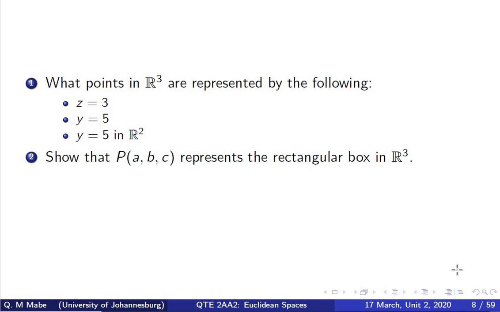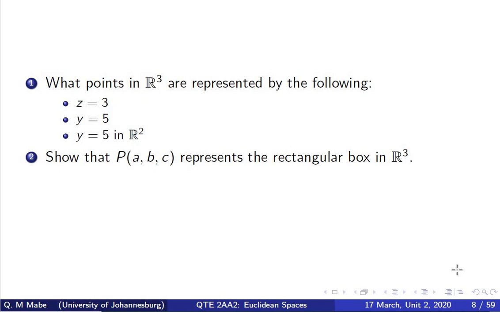So normally we have region representations on R3. For instance, you can imagine how the surface looks like in R3. Z is equal to 3 will just be a plane that cuts through the z-axis at z equals 3, and y is equal to 5.